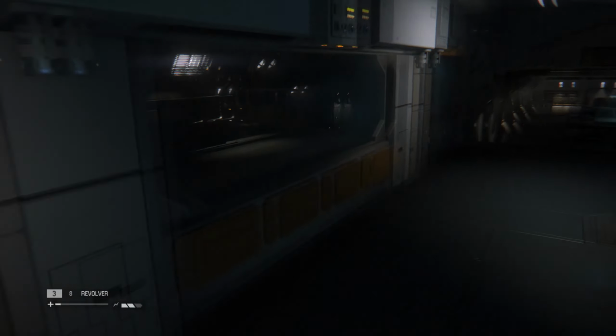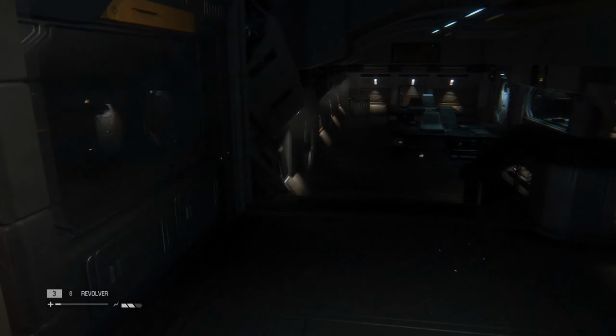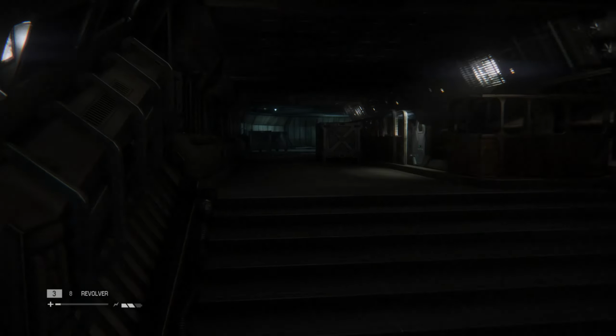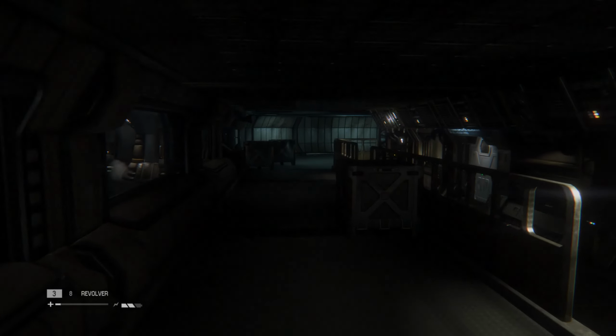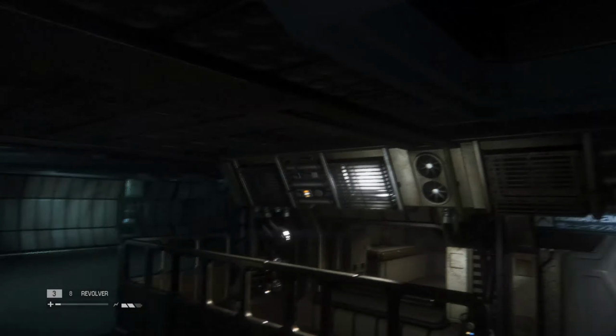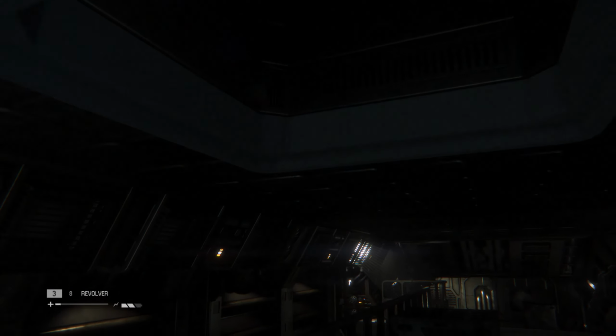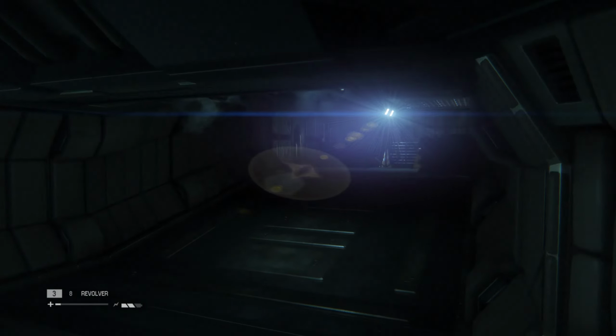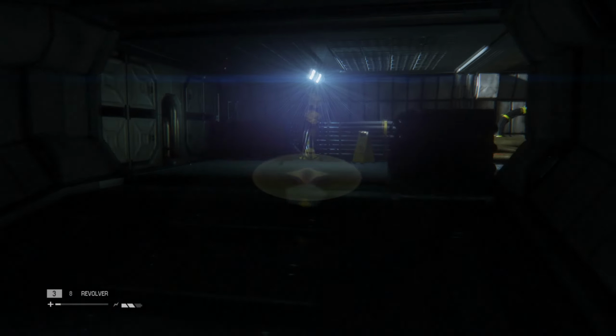And maybe we can explore this area a little bit more, hopefully not to be attacked by those damn Joes. You can see there are these vents where the alien sometimes just comes and eats you. Yes, there's another lighting environment.